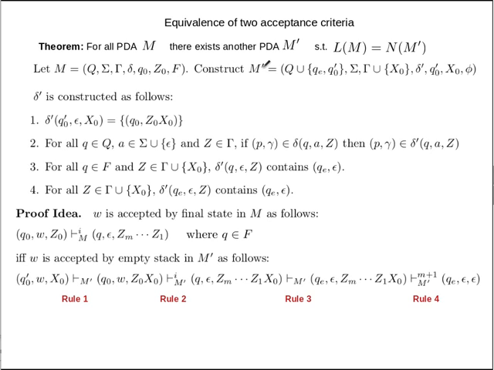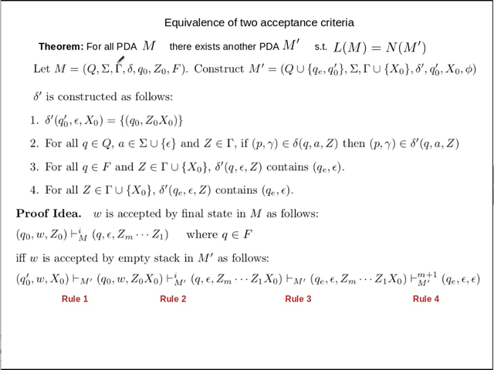Now we construct this M prime by slightly modifying this, and the modifications are as follows. Here we take all the states of M, but we also introduce two new states. Okay, one Q0 prime, another QE. The sigma is the same because we are talking about the same language, so it's over the same alphabet.